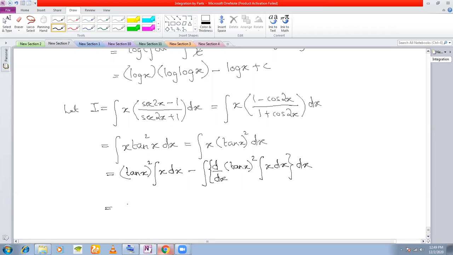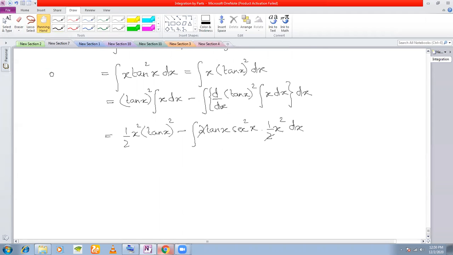So this becomes half x square (tan x) square minus integral d/dx of (tan x) whole square is how much? First you differentiate the power, 2 tan x, and then you differentiate tan x, which is sec square x. And the integral of x dx is half of x square, this dx. Now here what happens? This and this, they cancel.